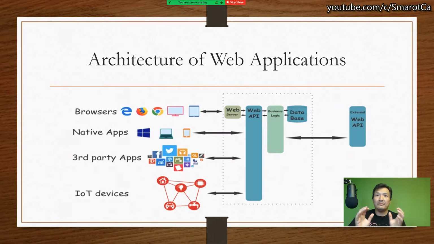So again, we can split our web applications into two main parts, front-end and back-end. Front-end is the very beautiful, user-friendly, user-facing part. But back-end is not very beautiful, but it's very powerful. It's preparing all information for the front-end.